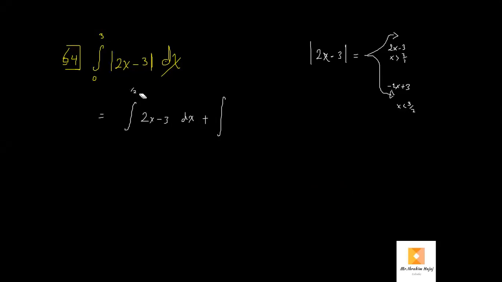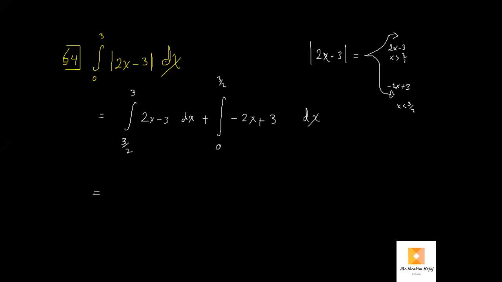First from 0 to 3 over 2, then from 3 over 2 to 3 of 2x minus 3.